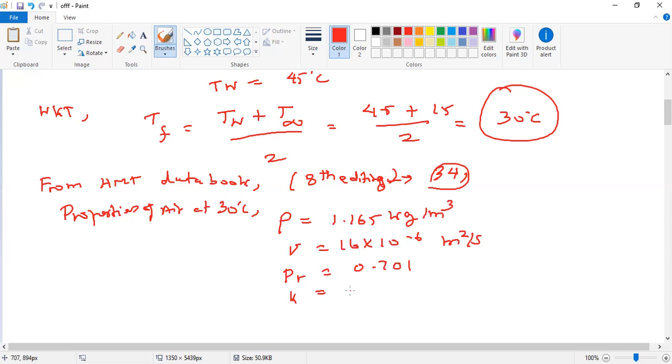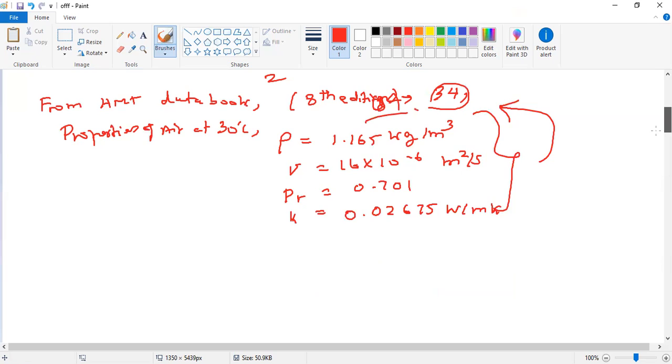Thermal conductivity at 30 degrees Celsius is 0.02675 watt per meter Kelvin. Okay, so this data is from the HMT data book, 8th edition, page number 34. For the 9th edition, just change the page number.